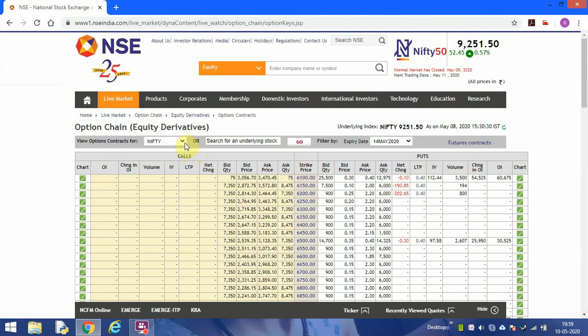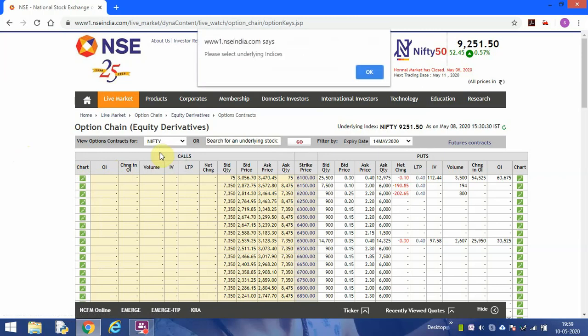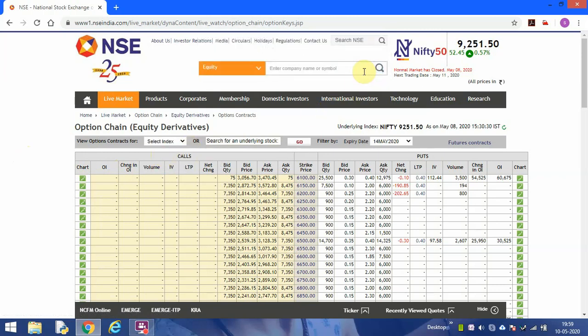Now I will just browse for your information. Option contracts are available for Nifty, Nifty IT and Bank Nifty. So as you see in the chart, let's see Nifty. There are two things always in options.